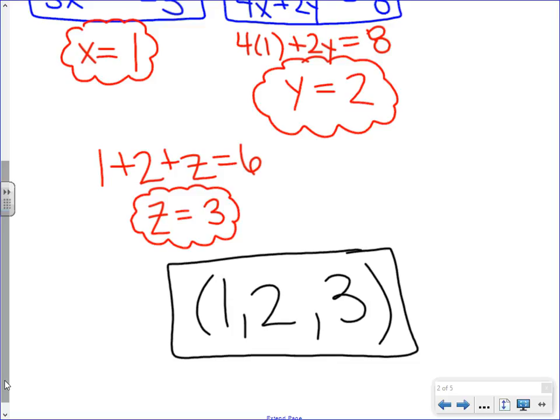So do not rush through these problems, okay? I'm not telling you that fractions are bad because fractions aren't out of the realm of possibilities, but make sure you are careful so that you don't get all the way to the end and have to go back and redo the problem or search for your mistake.